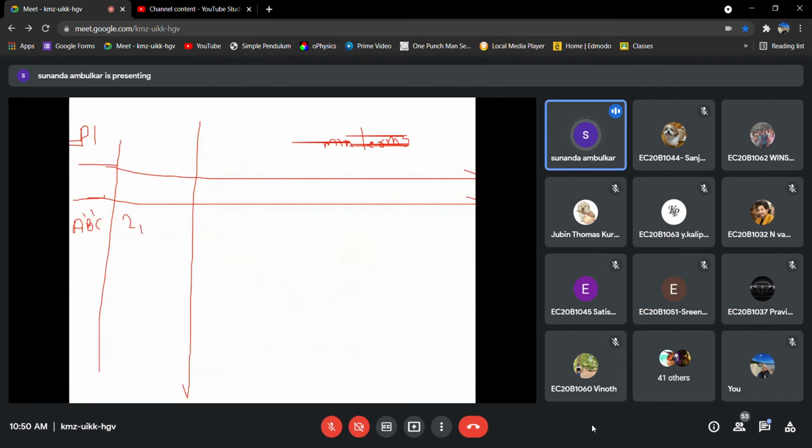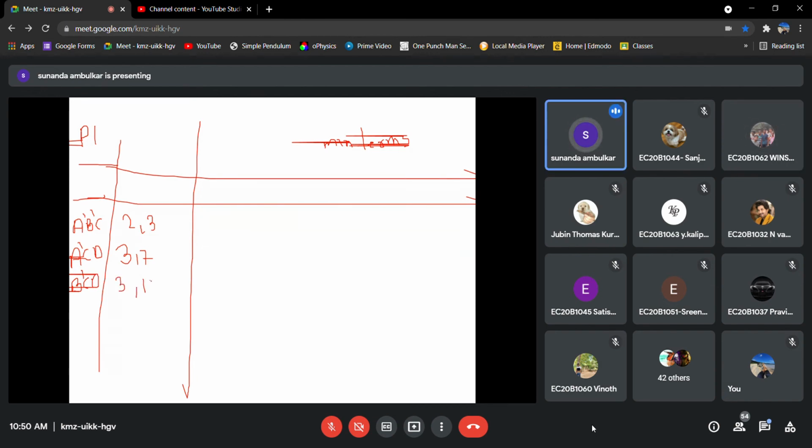A dash C D is 3 7. Then B dash C D is 3 11.